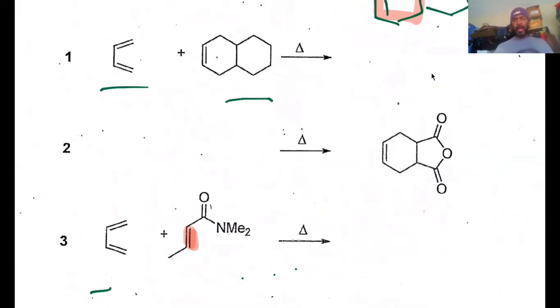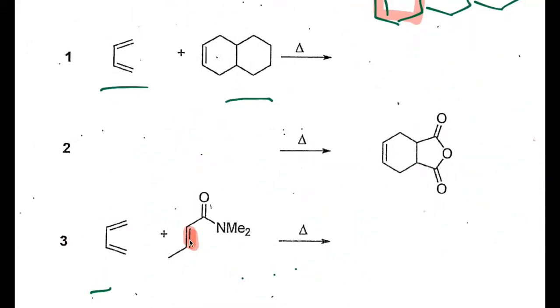So the strategy for that is to always start at the alkene. So you always want to start here. That's where you want to start pushing your arrows from.